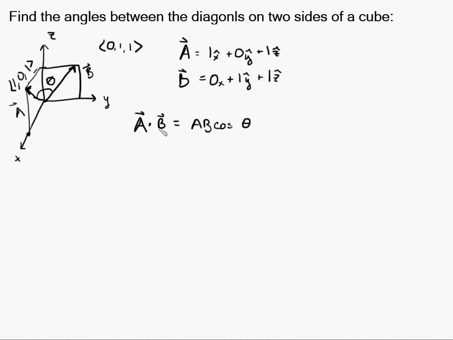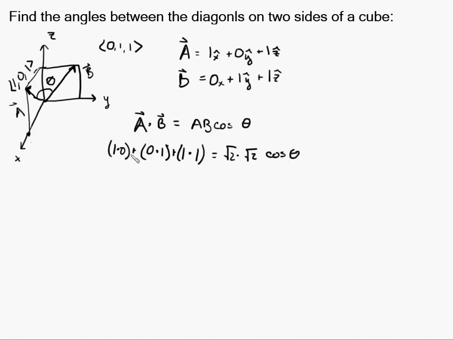So on this side I need the dot product between A and B, which is simple. It's the x components times each other, so 1 times 0 is 0, plus 0 times 1, plus 1 times 1, is equal to the magnitudes, square root 2 times square root 2, times cosine theta.